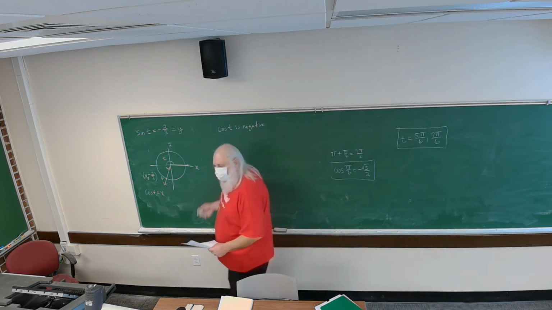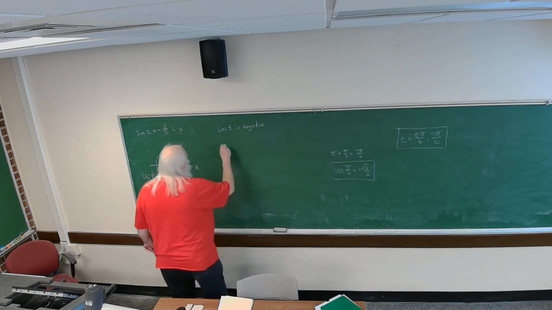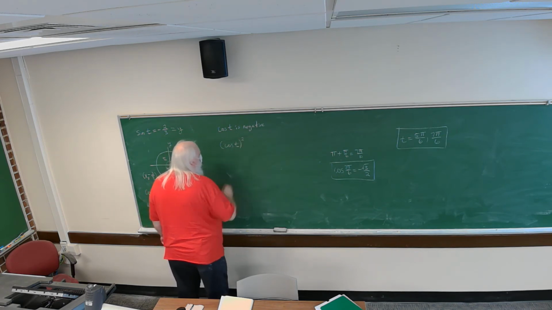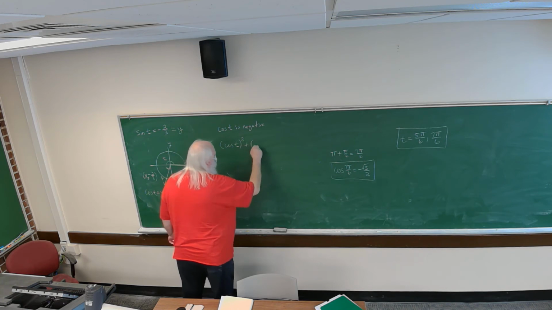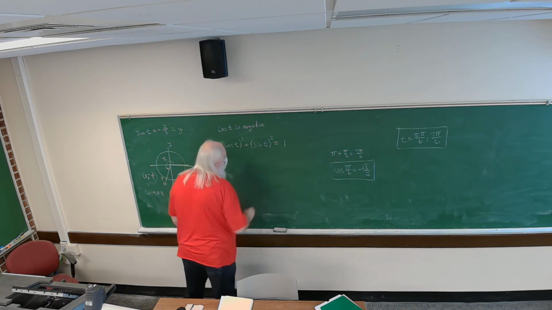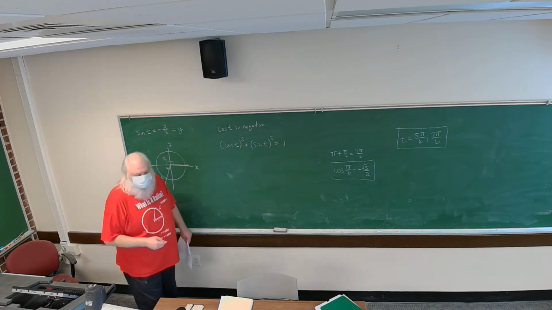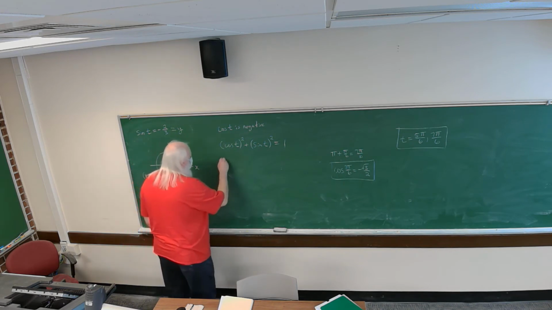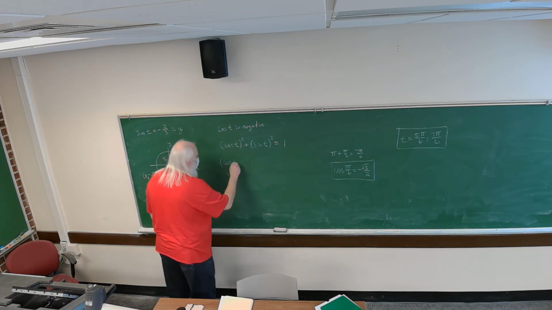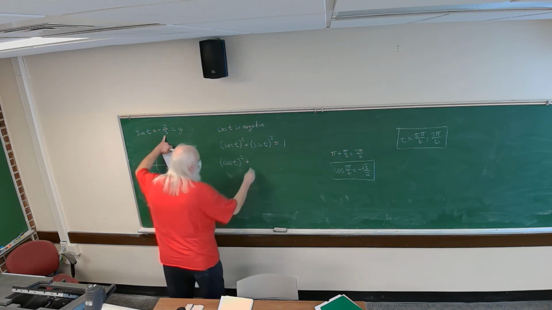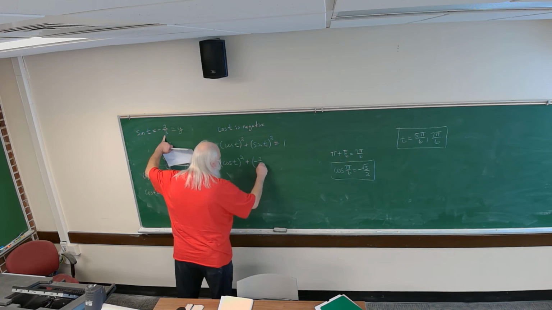And we know cosine t will be negative. So cosine t squared plus sine t squared is equal to 1 for any number put in for t. Well, sine t is equal to minus 2/3. So we just replace sine t with minus 2/3.